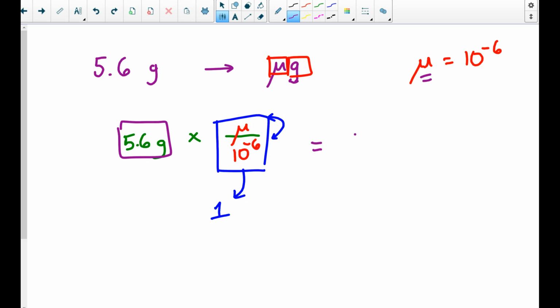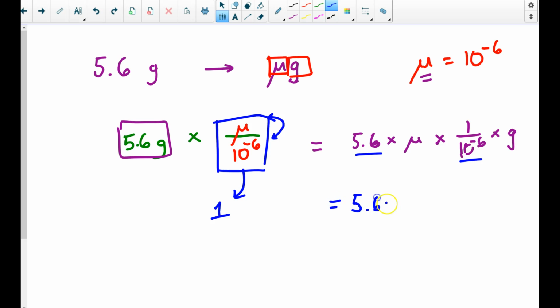And when you work this out, you'll have 5.6 times mu times 1 over 10 to the minus 6 times grams. So you simply combine these values, and that will come to 5.6 times 10 to the 6.